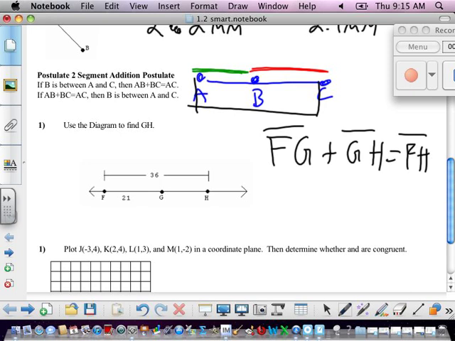FG is what? Okay, what's GH? Don't know. So I'm going to put X. What does it equal? There we go. So how am I going to figure out what X is? Subtract, and what do I get? 15. Perfect. Questions about that?